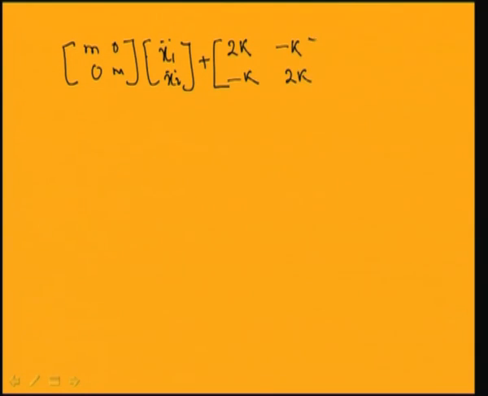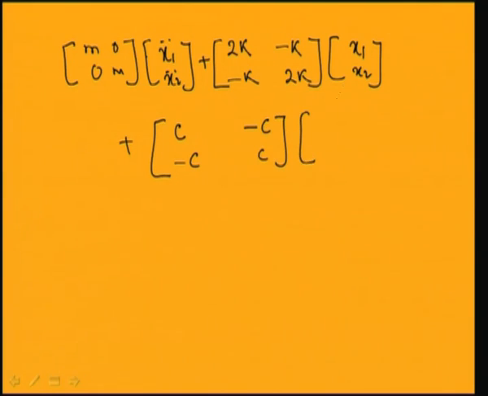So this is equal to [m 0; 0 m] times [x1 double dot, x2 double dot] plus [k1 plus k2, which becomes 2k, minus k; minus k, and k2 plus k3 becomes 2k] times [x1, x2], and for the damping case, c1 plus c2, as c1 equal to 0, becomes c, and minus c, minus c, and c, times [x1 dot, x2 dot] equal to [0, 0]. So the equation of motion for this system you can write in this form.